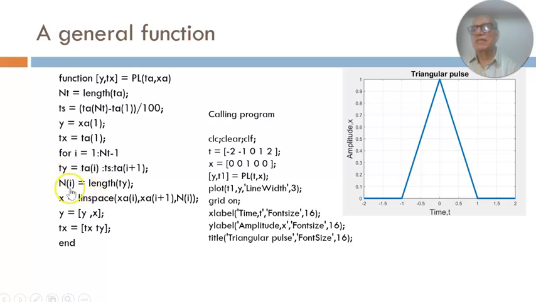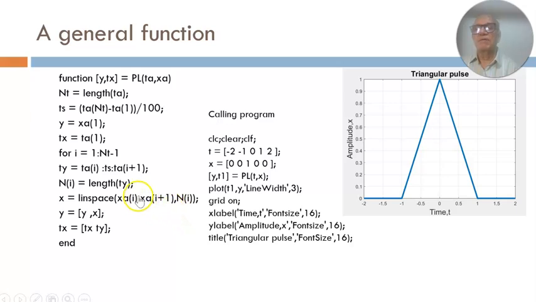Then you calculate the length of this ty, and use that length in order to calculate the value of y which is to be returned. Don't confuse this x with the other x, because this is local to this function, so there is no confusion between these two. This is the actual value of y with all the intermediate points that we have obtained.